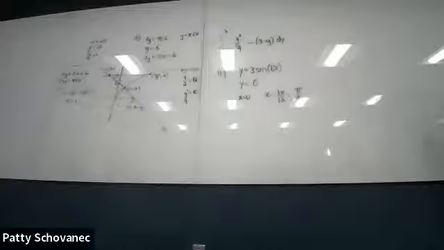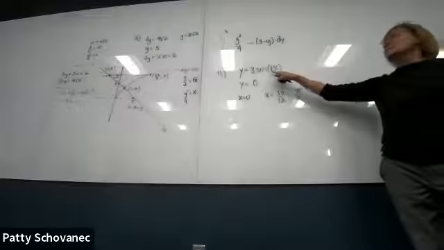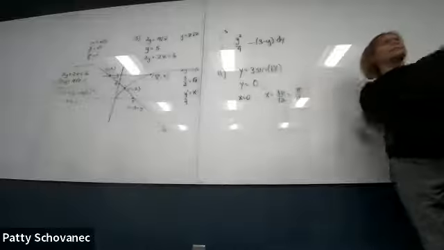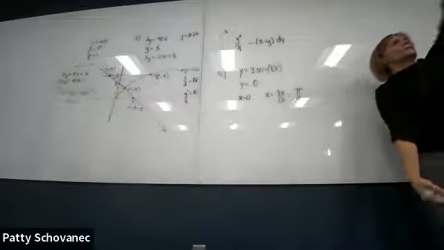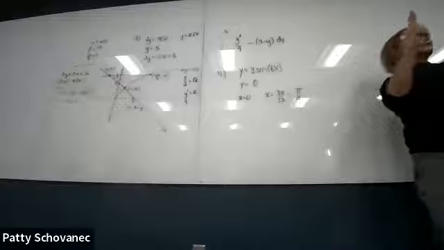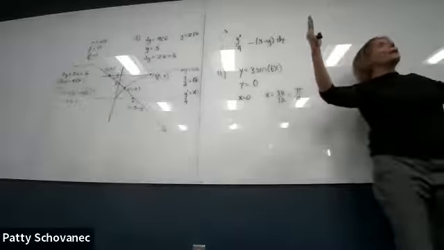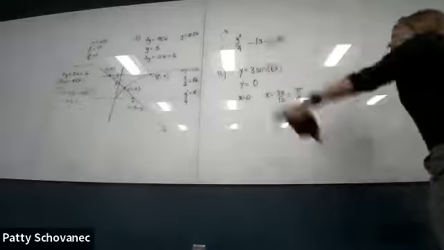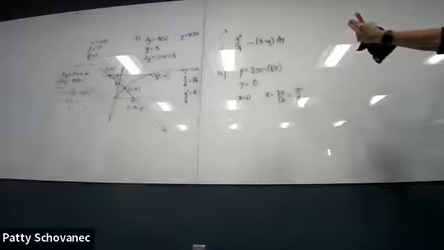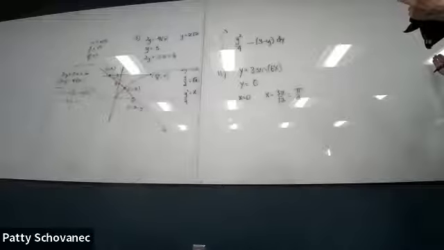What does the 6 do to the sine curve? I know the 3 makes it taller. The 6 squishes it together. Normally the sine has a period of 2 pi, but now it does its movement in an interval of length 2 pi divided by 6.